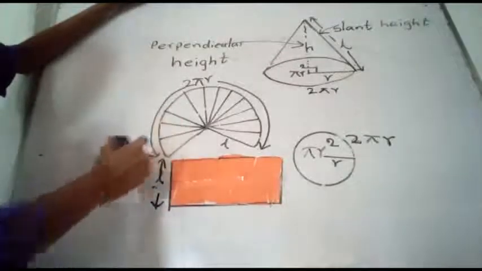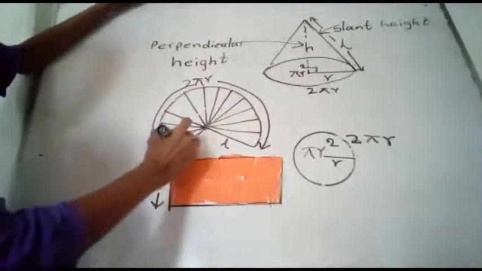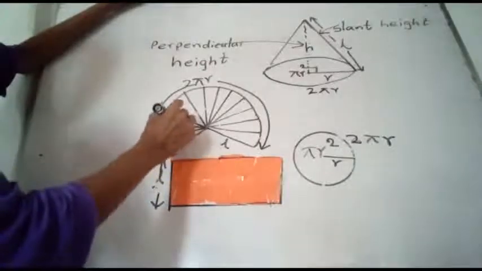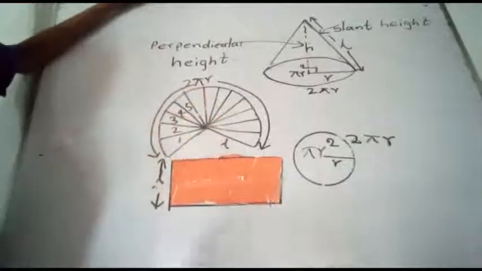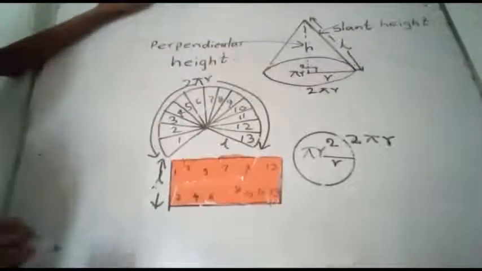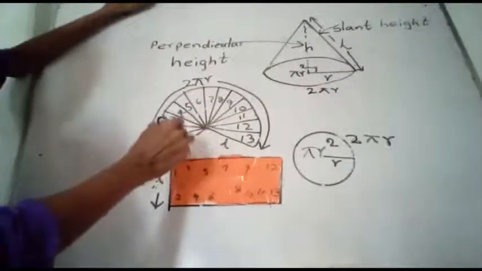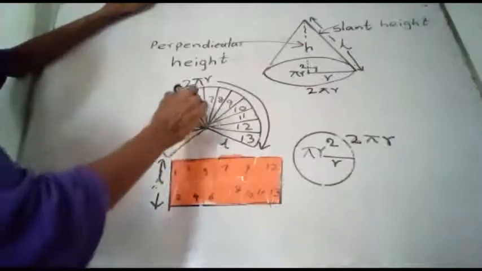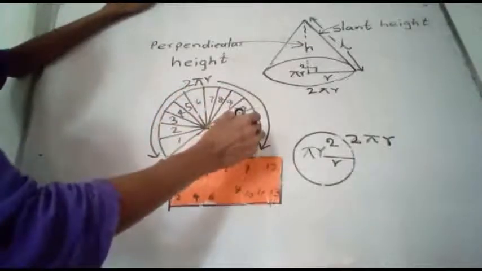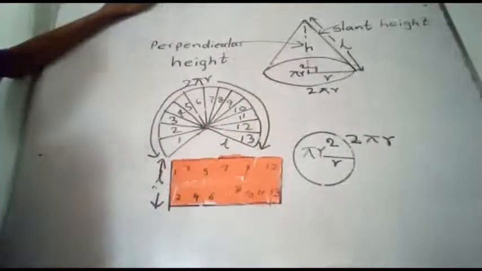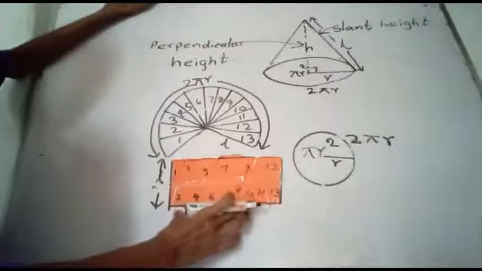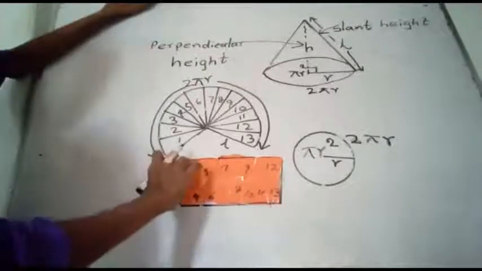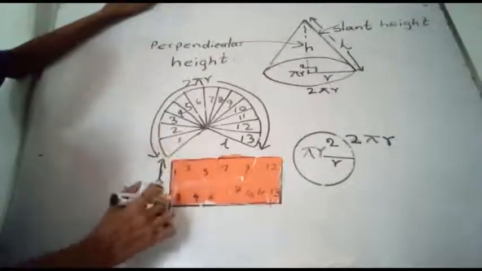Then we paste them. We number the sectors 1, 2, 3, 4, 5, 6, 7, 8, 9, 10, 11, 12, 13. We paste them on different sides.